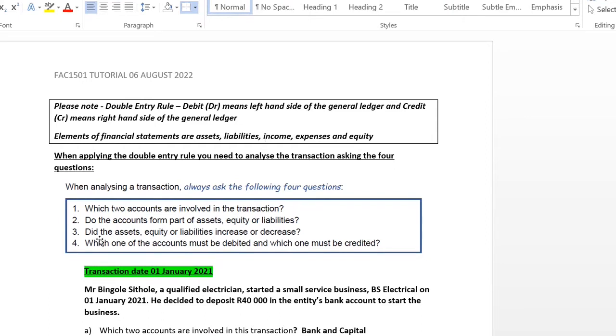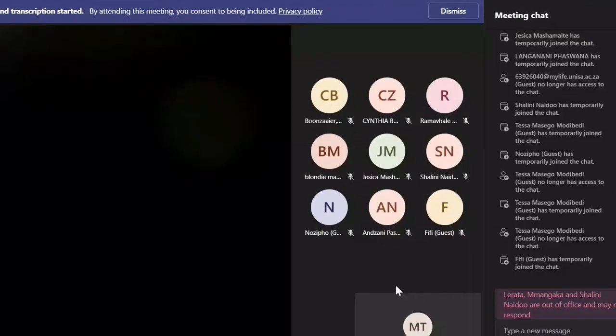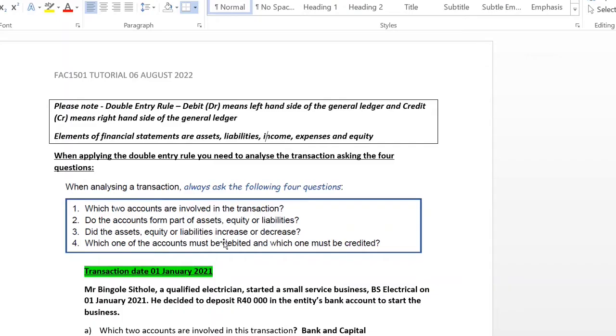Number three is, did the asset, equity, or liability increase or decrease?